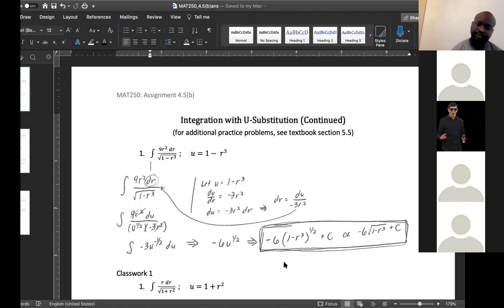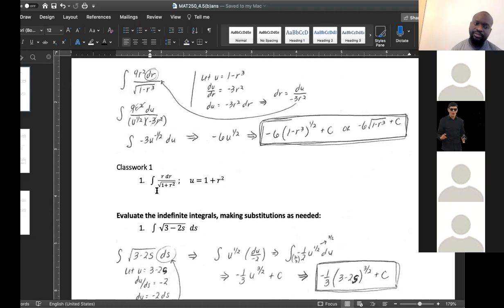Okay. So I'm giving a classwork, this one. So do this classwork for me. Similar problem, but just a little change. In fact, much easier. So do this one and tell me what you get.